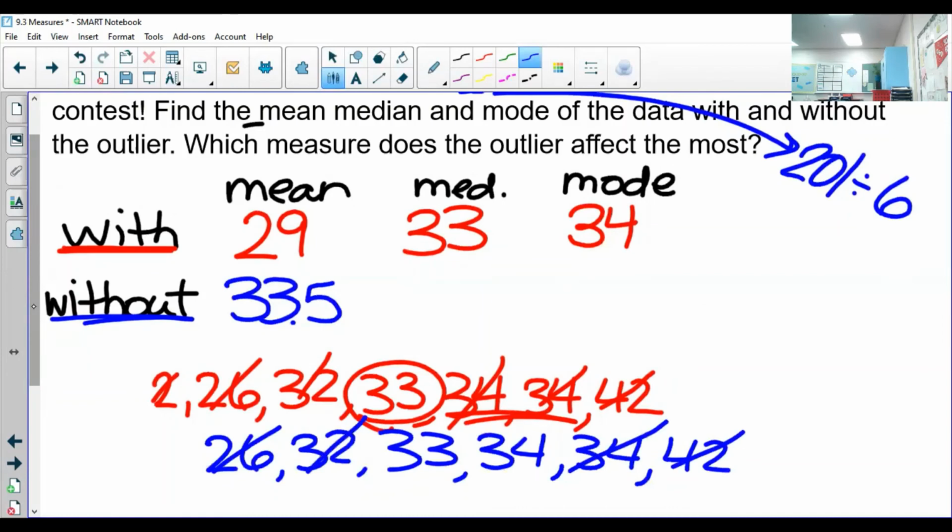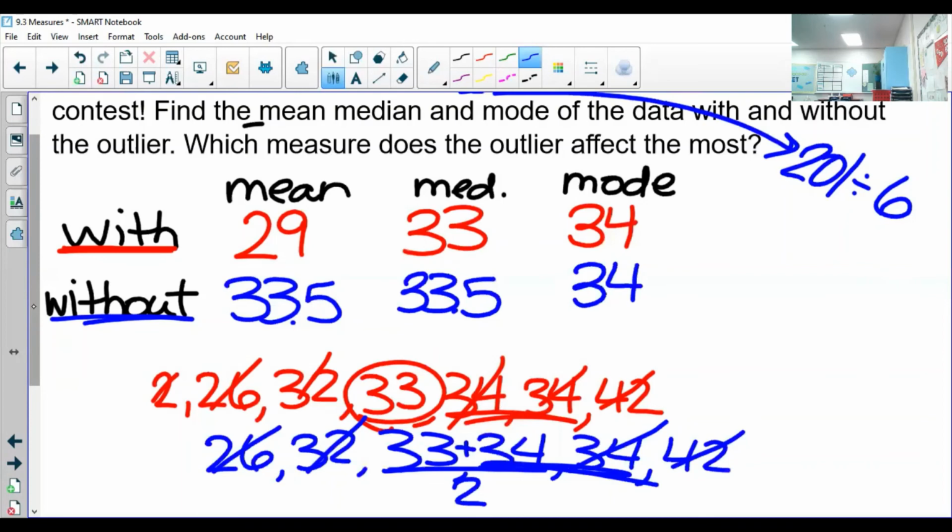Oh, and now I have 2 numbers. So add them up. 33 plus 34 is 67, and then divide by 2. You should get 33.5. So my middle number is 33.5. And my mode is still 34. That hasn't changed. So I'm going to do 34 for my mode.